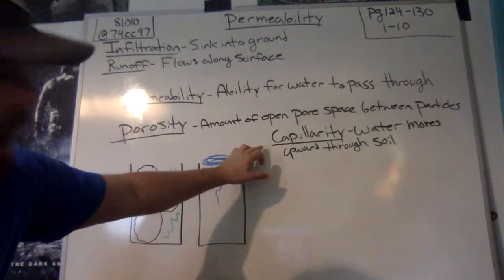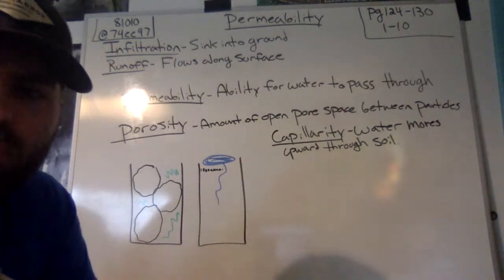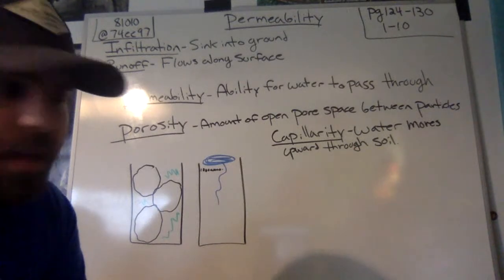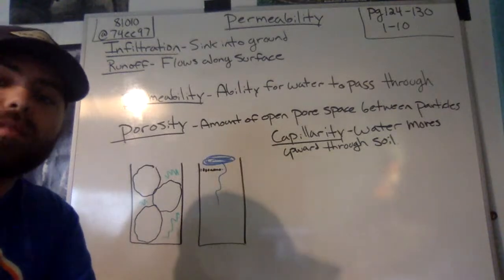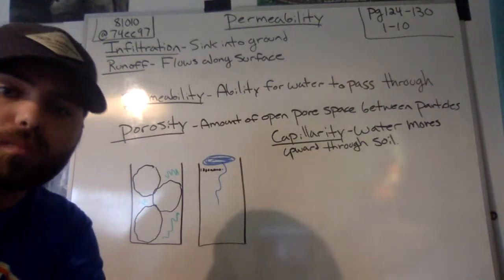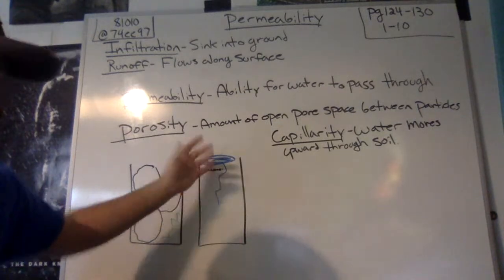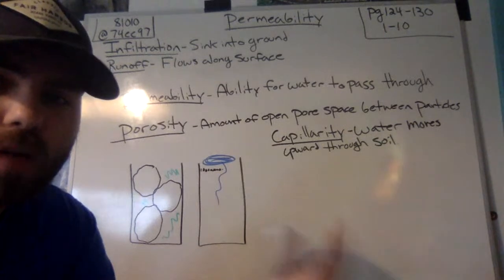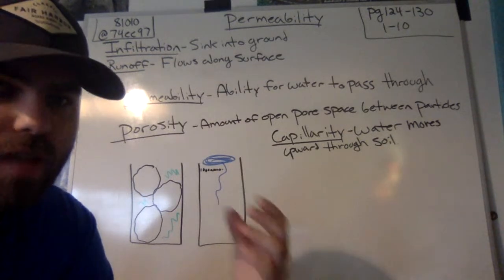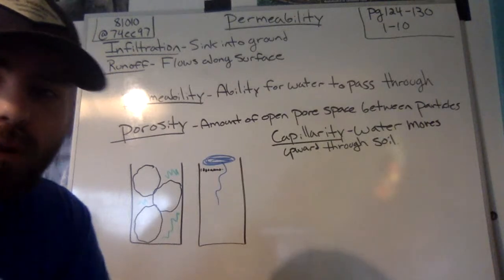Now, capillarity, all right, that's how water moves upward through soil. For that, think of plants, okay, where they get a lot of water through their roots because if the pores are really close together, water is able to actually travel upwards, okay? So that's the plants and trees getting water from the soil.